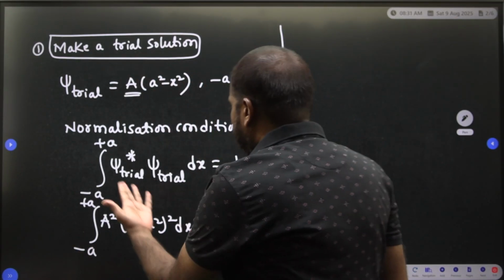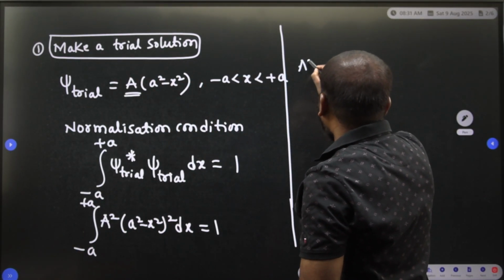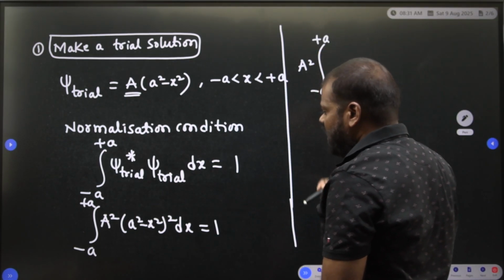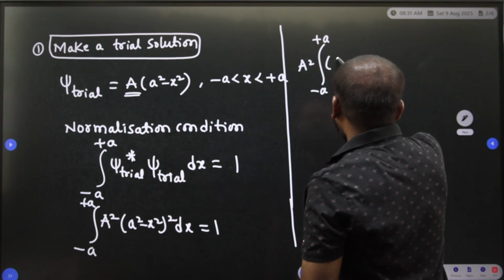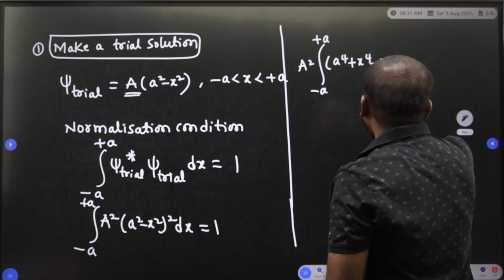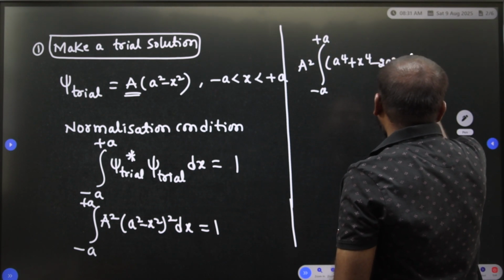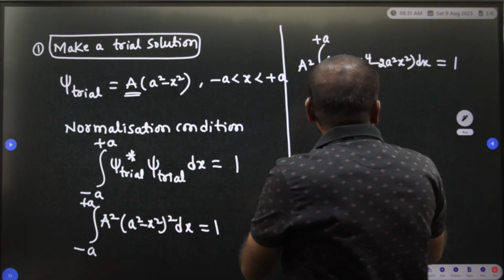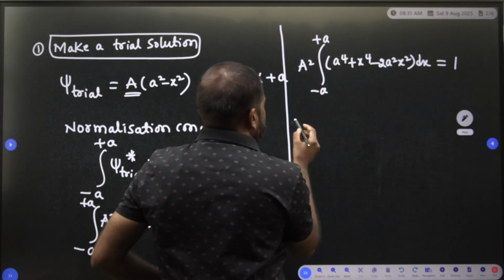Now you have to simplify this. A square you take outside, integral minus a to plus a, (a square minus x square) whole square is a to the power of 4 plus x to the power of 4 minus 2 a square x square into dx, which is equal to 1. Now one integral will become 3 integrals.